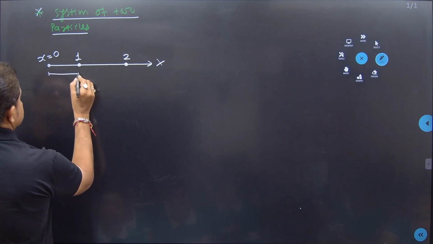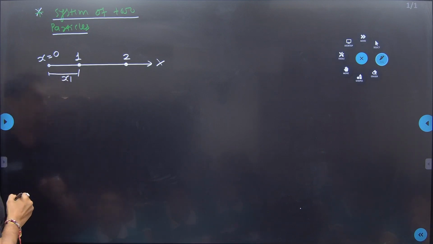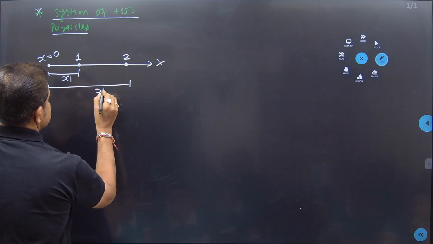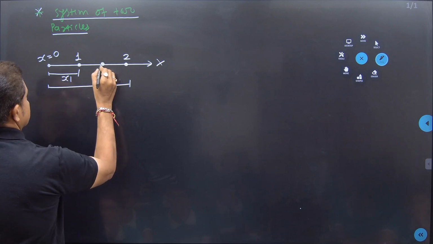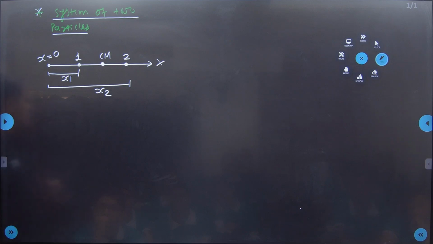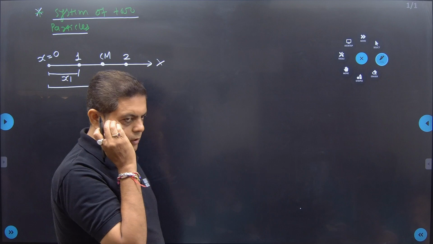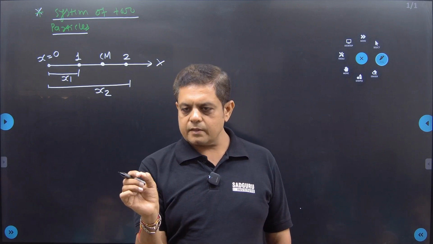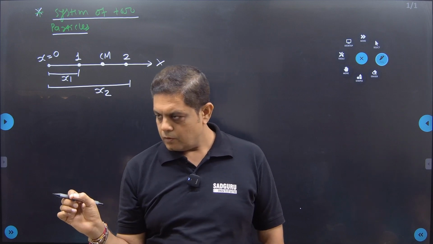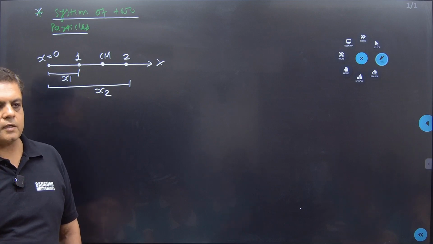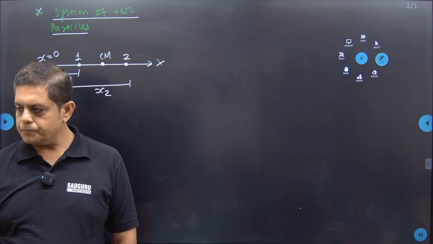This distance is x1, so it is the x coordinate of particle 1, and the x coordinate of particle 2 is x2. Suppose the center of mass of this system is somewhere here. Center of mass can be obtained by the concept of mass moment. Mass moment is the product of mass and perpendicular distance. With respect to the center of mass, the resultant mass moment of the system is 0.